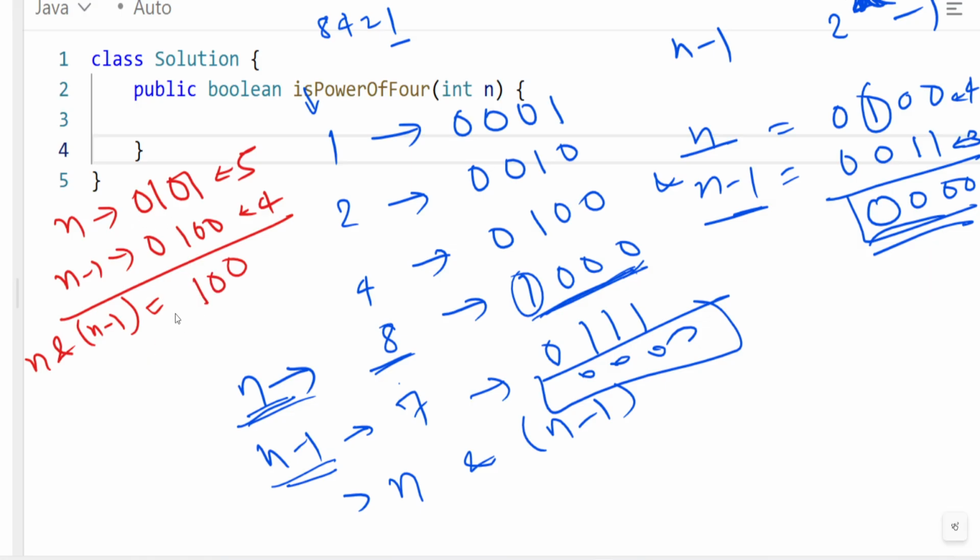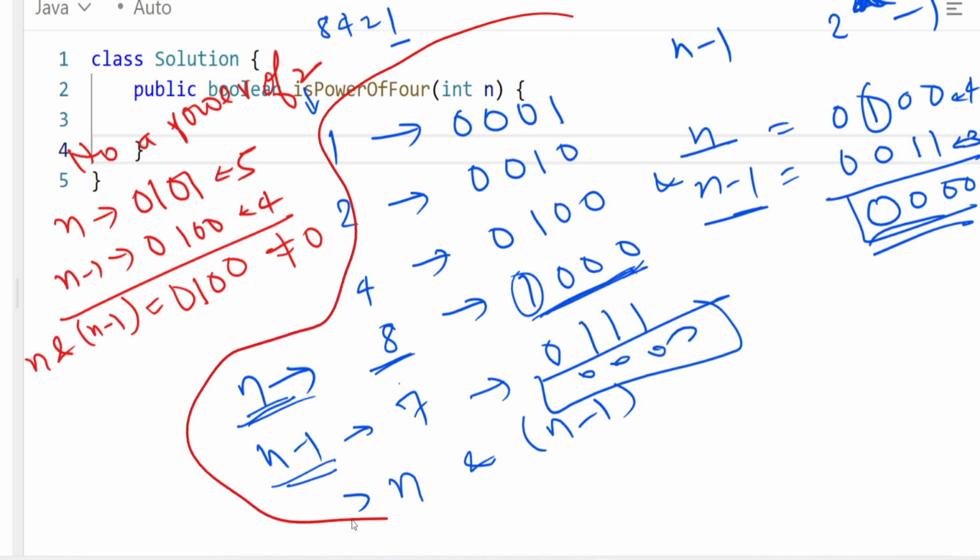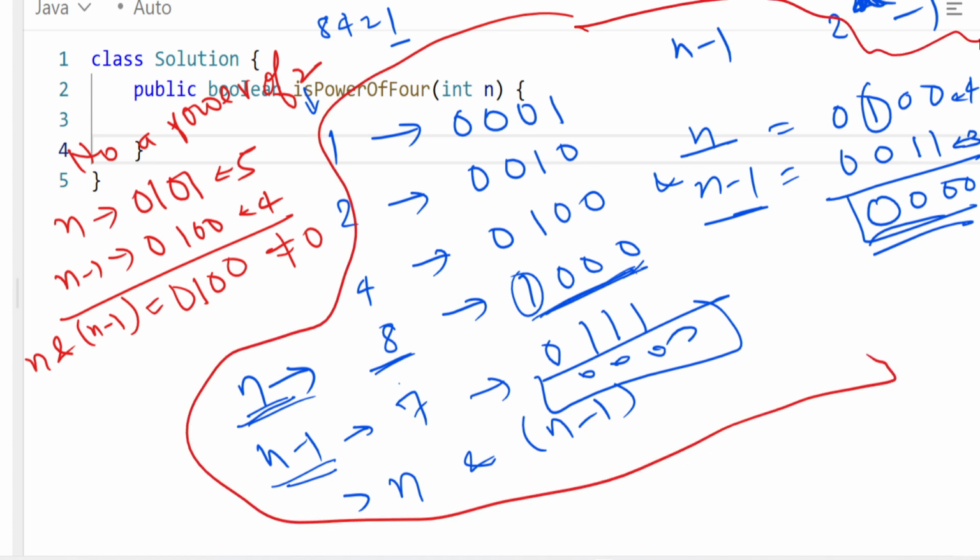So it is 0 1 0 1 AND 0 1 0 0, and what did we get? It is not equal to 0. So this is not a power of 2, but the ones we saw before are powers of 2.